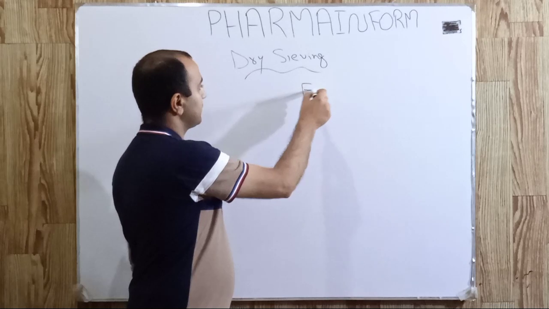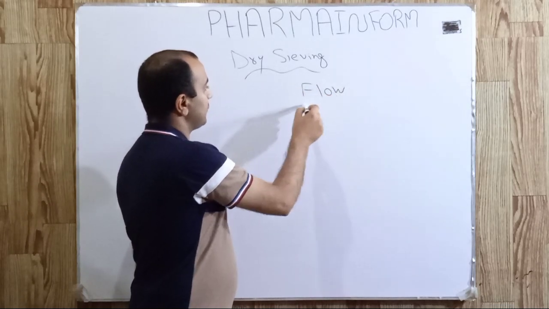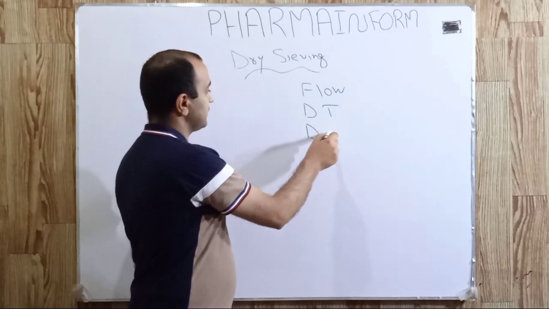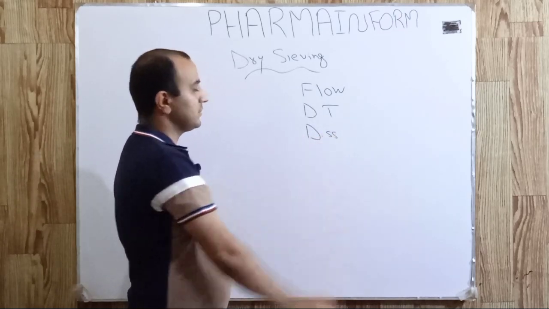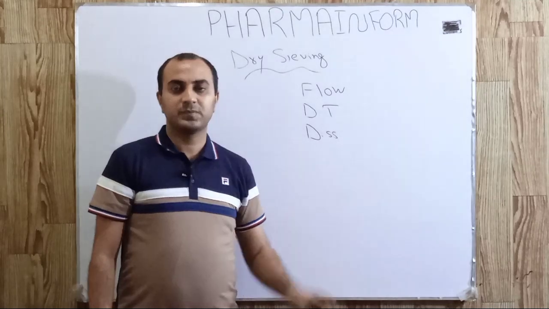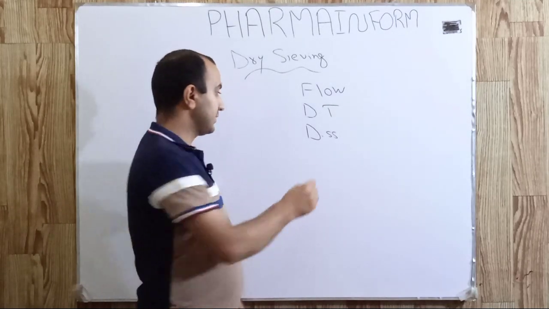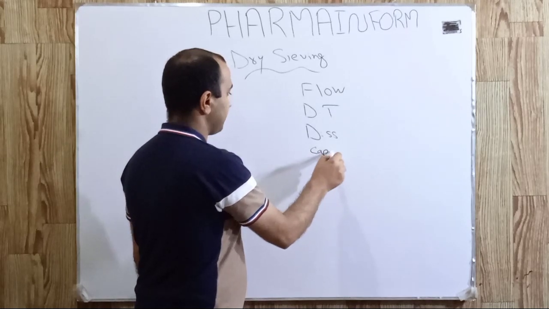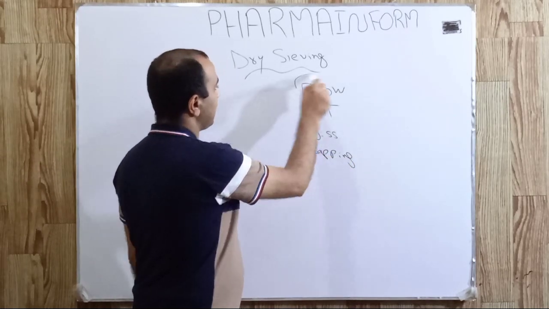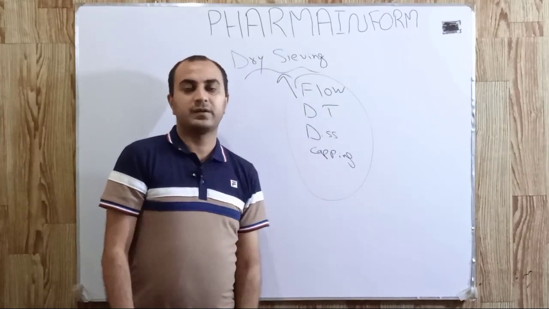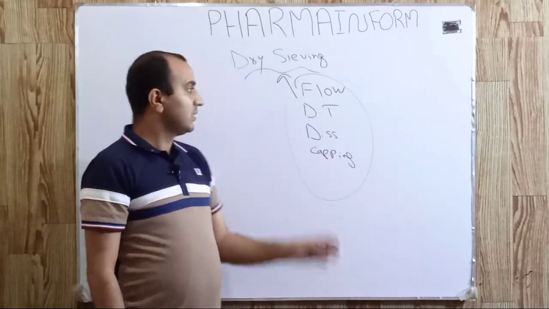One is flow, second is disintegration, dissolution, and we will also discuss some defects like capping, and how all these factors are related to the dry sieving step.